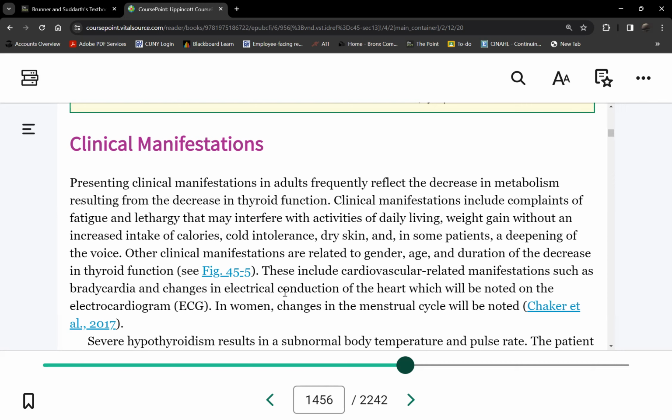So that's what causes the retention. So there's fluid retention, there is increased fat deposition as a result. There's just simply no energy to carry out any activity.